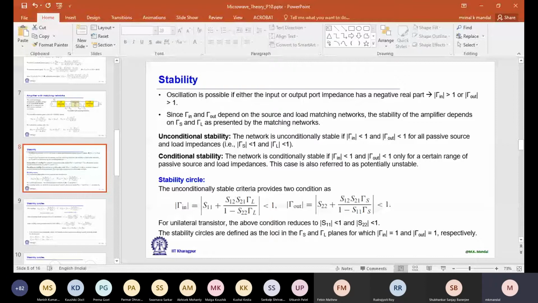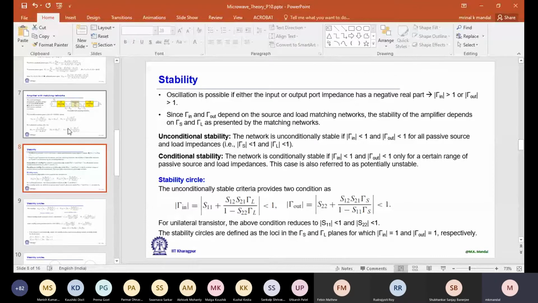This is uncontrolled oscillation determined by parasitic effects and other things, and also the device characteristics. So this is undesired, of course, and we want to avoid it, because for now we are concentrating on designing an amplifier. So in general, to avoid oscillation, gamma in and gamma out should be less than 1.